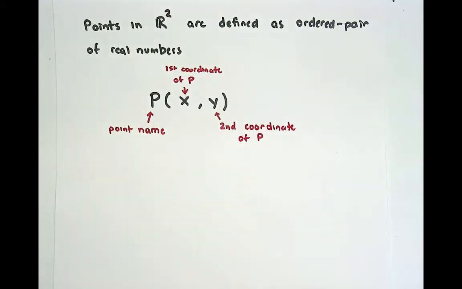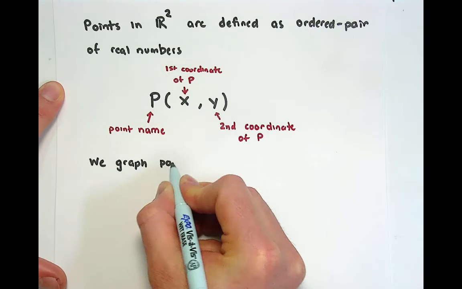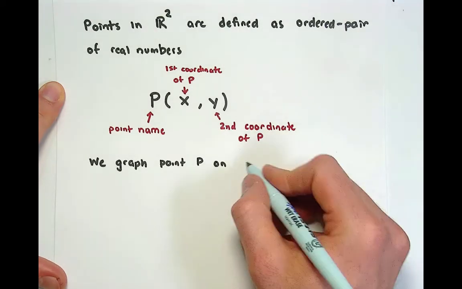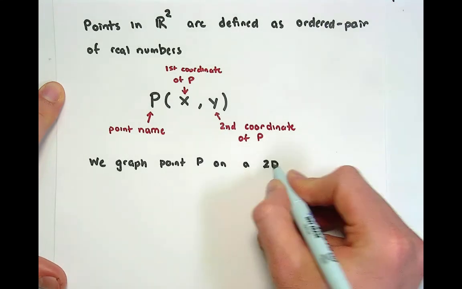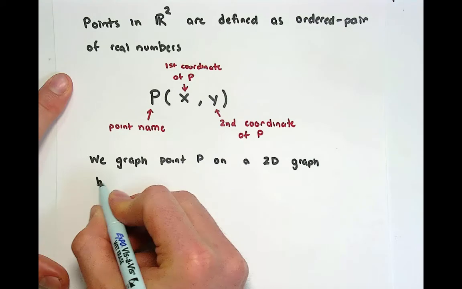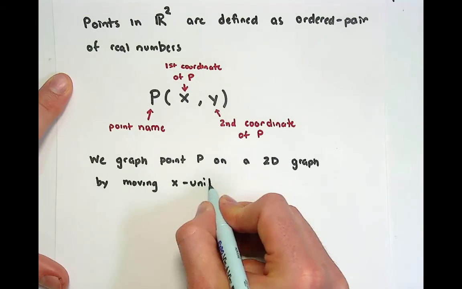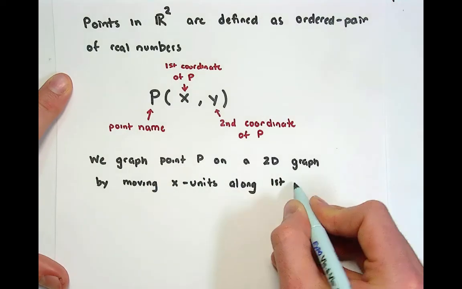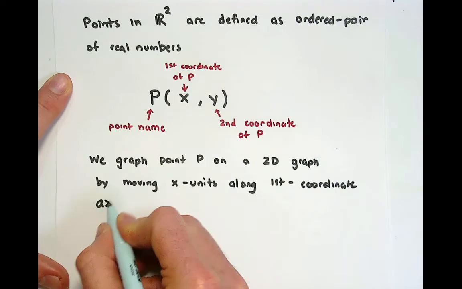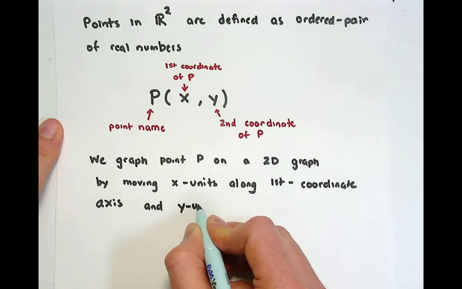We can graph this on an axis by moving x units along the first coordinate axis and y units along the second coordinate axis, just as you would have done in your previous classes.